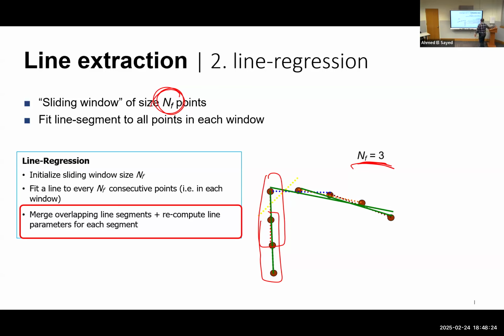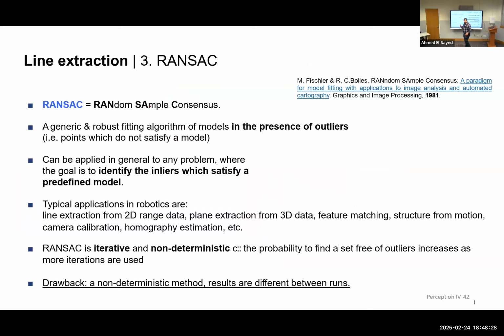They said you can have consistency if you have randomness. So consistency and randomness work together. How come? Working on some points from our space will be better than working with all of them.